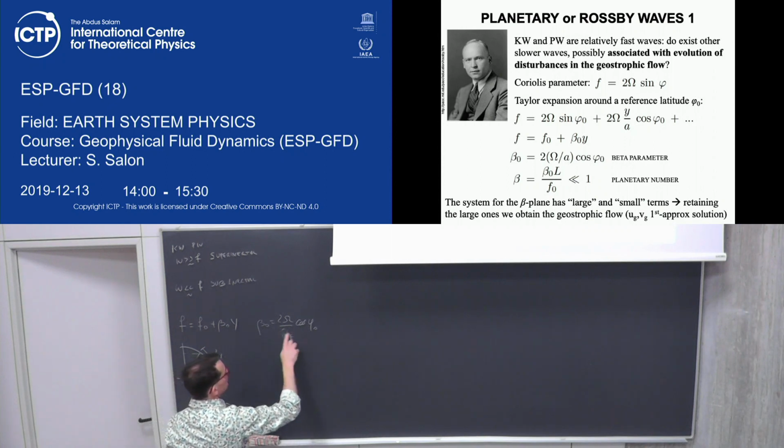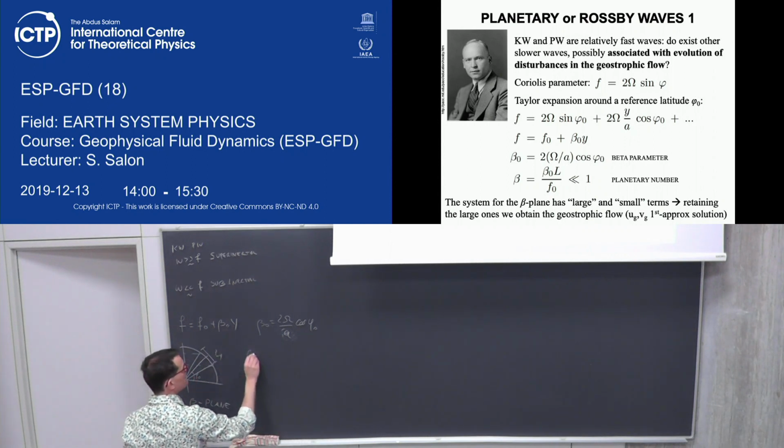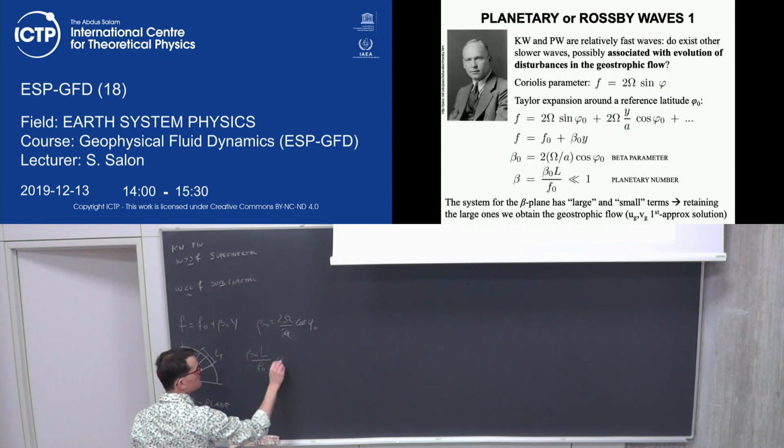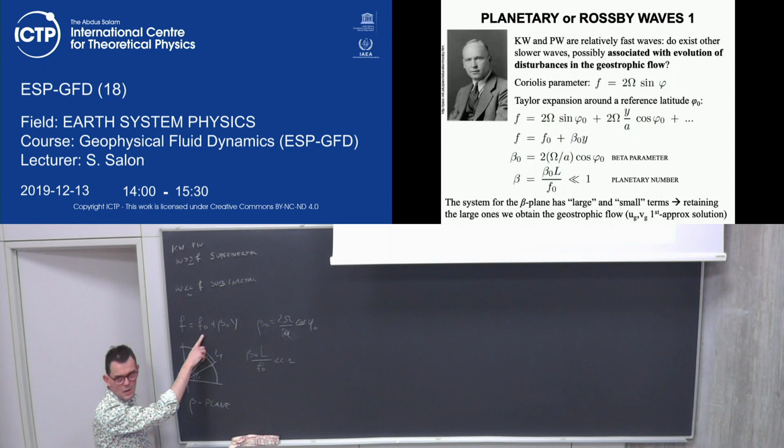So yesterday we used a here. So when we have the scaling of this, we will have that beta 0 L over f0 is much smaller than 1. Okay, so this term is actually a perturbation of the Coriolis parameter.